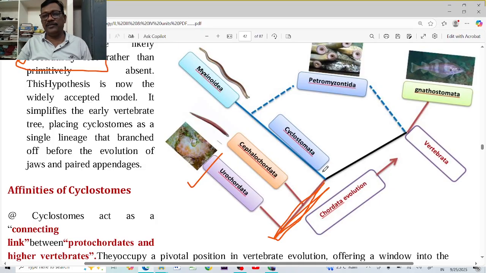Later, the cyclostomata were evolved on this earth. In the cyclostomata, myxinidea and petromyzontidea are actually sister groups. These are primitive animals. Later, what happened? The gnathostomes were evolved. Those gnathostomes, fishes, amphibians, reptiles, birds, and mammals, were evolved on this earth.